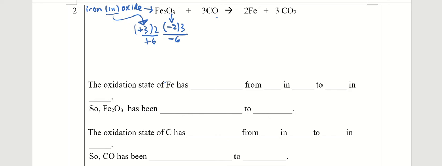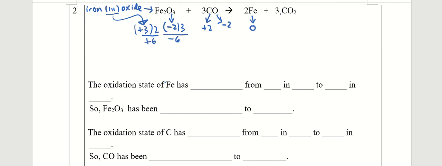Okay, now let us go to carbon monoxide. We know, again as usual, oxygen typically has an oxidation state of -2, and that would mean the oxidation state of carbon in carbon monoxide is +2. Let's take a look at the iron. This iron here is in its elemental form, and if you recall, the oxidation state of elements is 0.